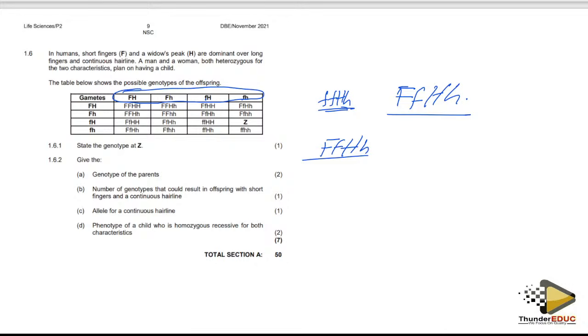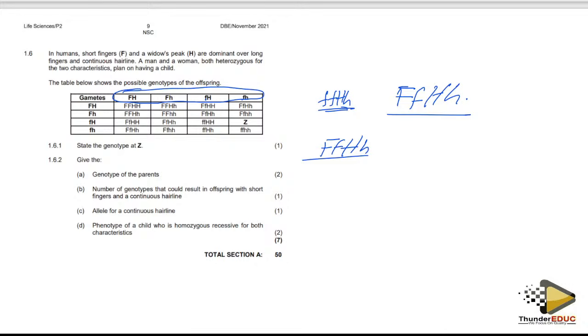A recessive trait cannot show in the genotype unless both are shown. So because if I have capital H and then small h, then this individual is not going to be continuous. It's going to be widow's peak.